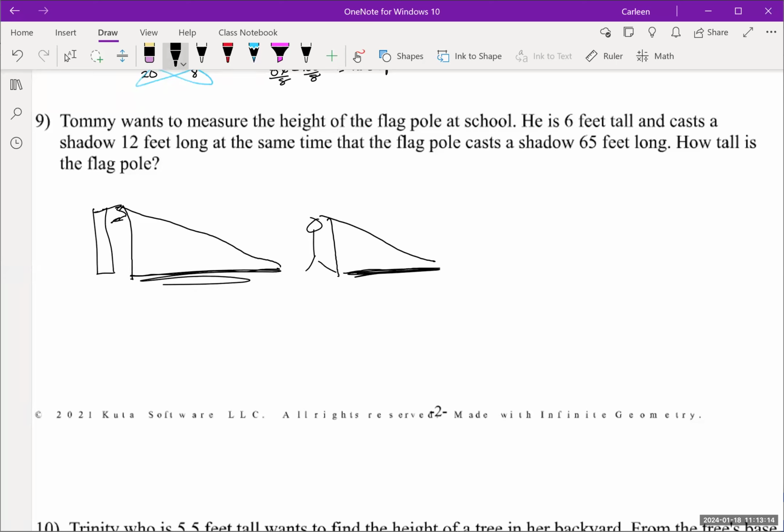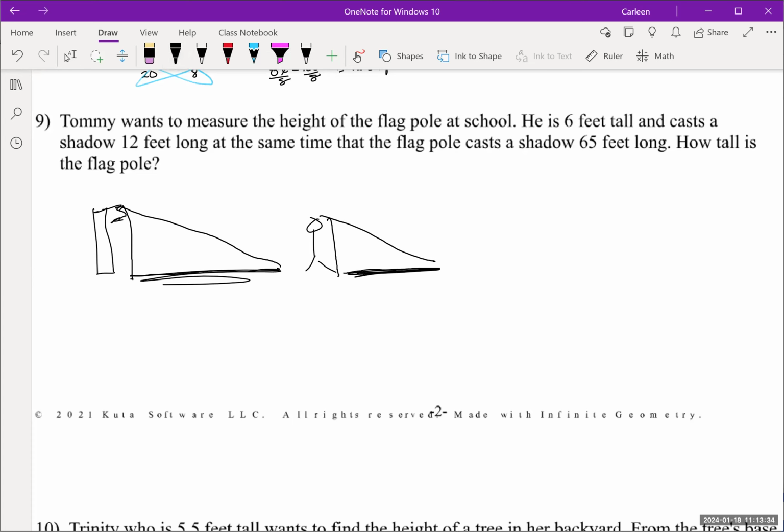Does it make sense that it was A? Tommy, shadow, flagpole, shadow. Yeah, kind of, sort of. On a scale of 1 to 10, are we at a 5? Hoping for a 5, but practice.